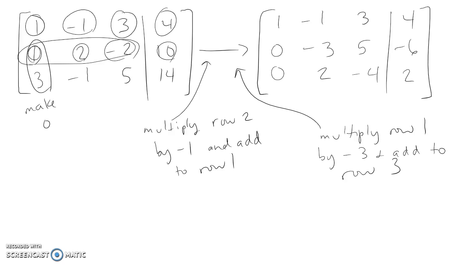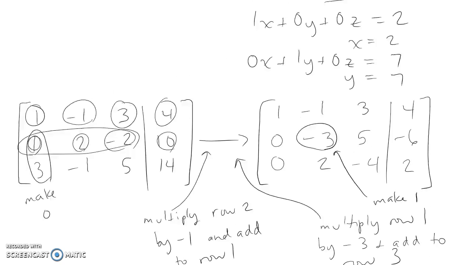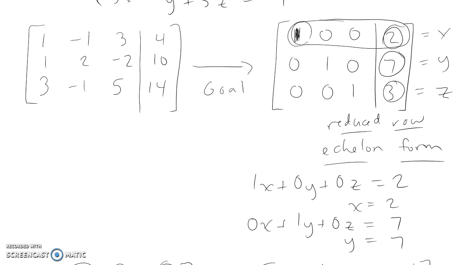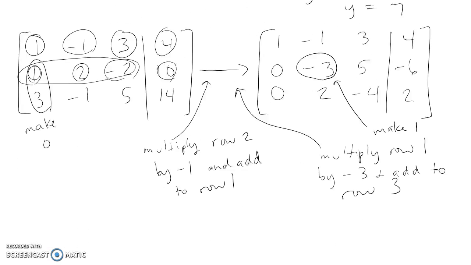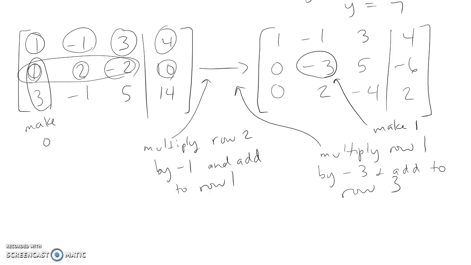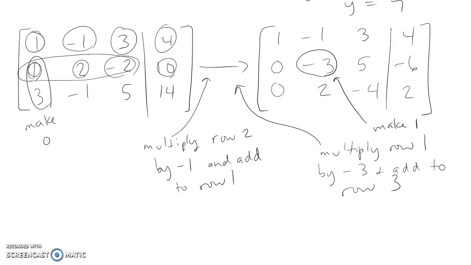Now the next goal is to make the -3 a 1. Let's look back at our goal. Remember, there are 1s along the diagonal and the rest are zeros, except past the line. I've got 2 zeros already, and a 1 in the upper left-hand corner.